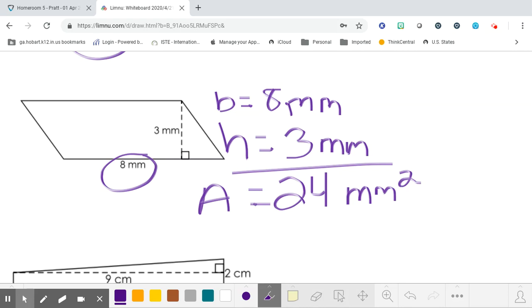When writing your answer out for area, make sure that you are always doing the squared. So you could write it out like how I did with the 2 as the exponent over there, or you can write it out using the word square and then millimeter.